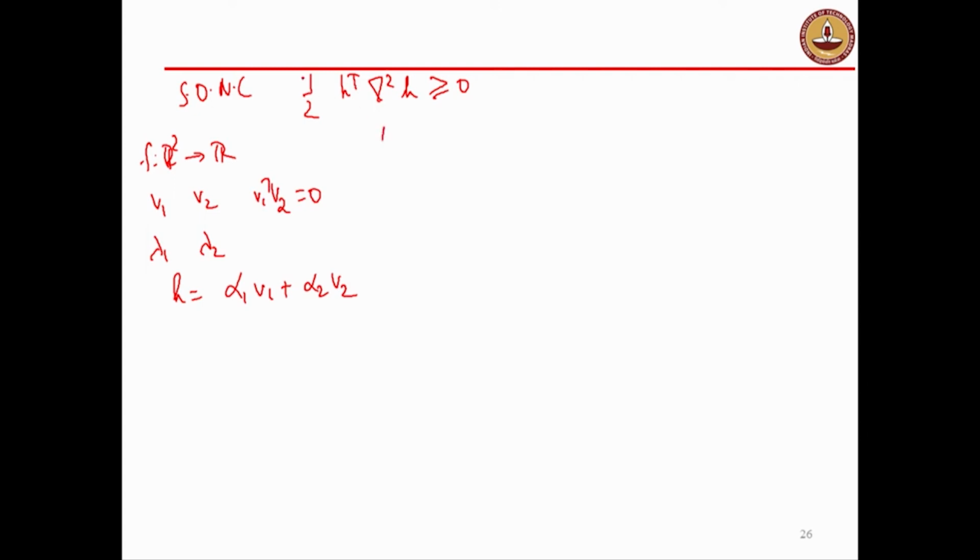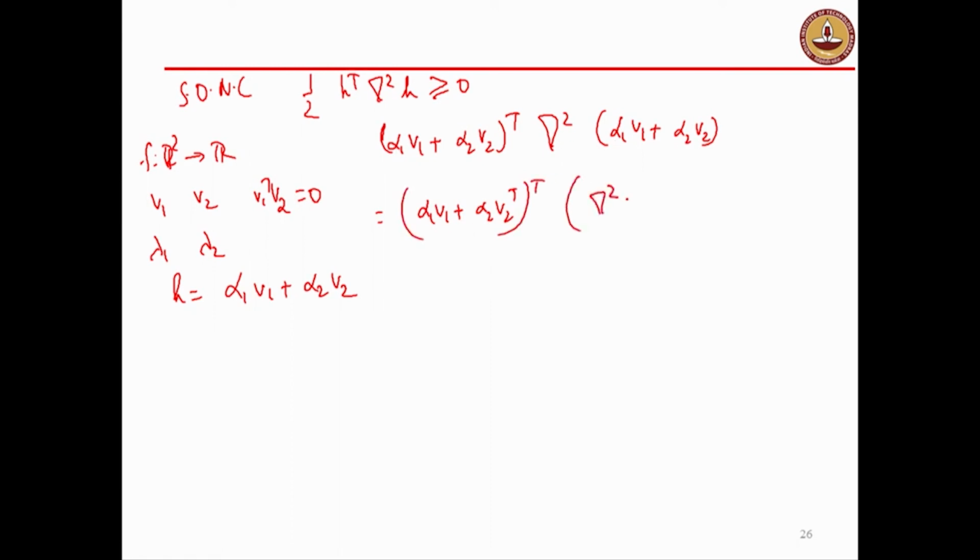Let me expand this out. I can forget about the half over here. So this is alpha 1 V1 plus alpha 2 V2 transpose, the Hessian matrix, times alpha 1 V1 plus alpha 2 V2. Alpha 1 is a scalar, so I can bring it out over here.